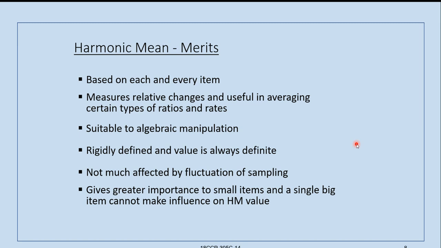That is the arithmetic mean of the given series. But in the case of geometric mean and harmonic mean, that is not the case. The higher values will not affect much. It will affect, but it will not affect much.